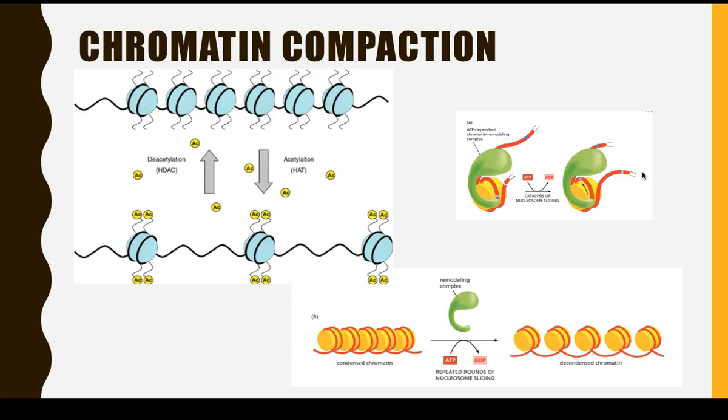The histone remodeling complex unwinds the DNA while also threading the linker DNA onto the histone octamer. When the histone is in place and the DNA needs to be tightened again, HDACs come in and deacetylate the histone tail, returning the positive charge.